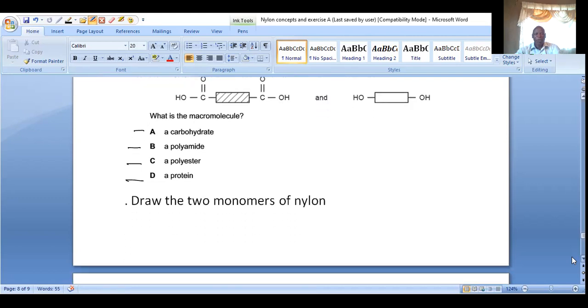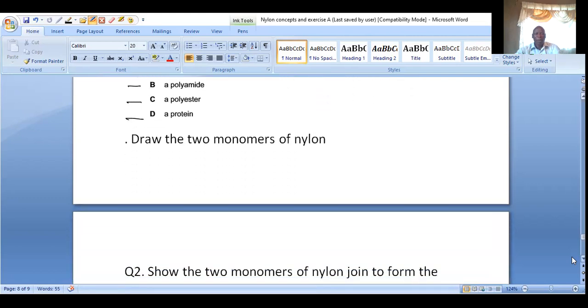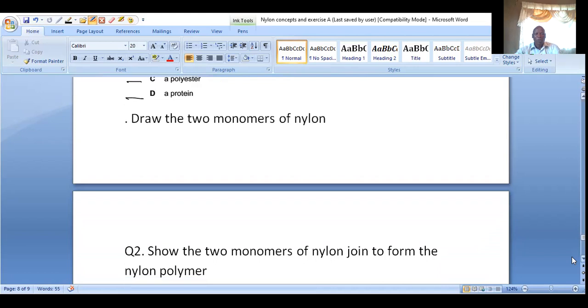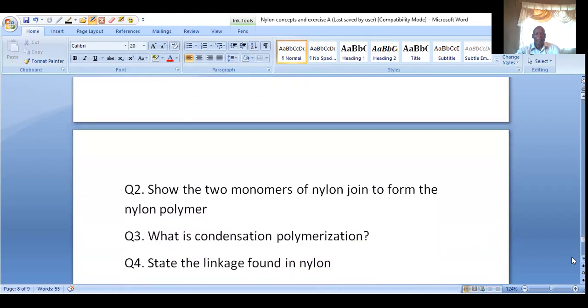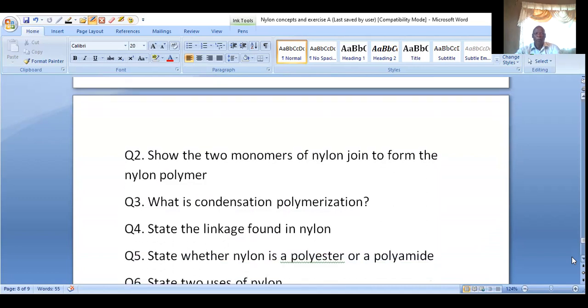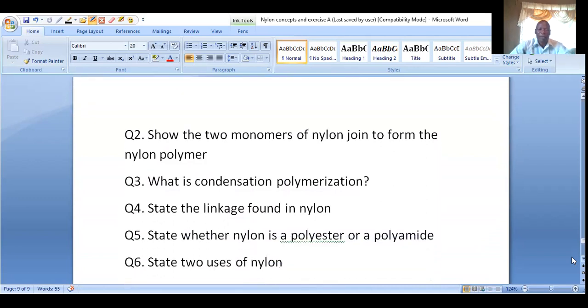The second question, draw the 2 monomers of nylon, as we have learned. Show how the 2 monomers of nylon join together to form the nylon polymer.